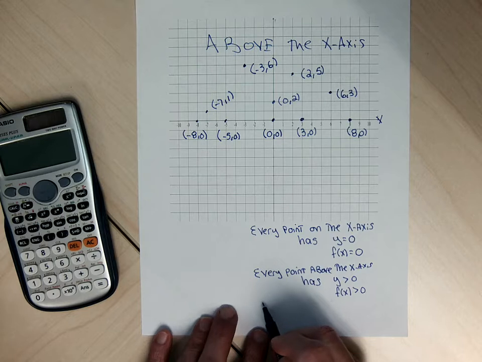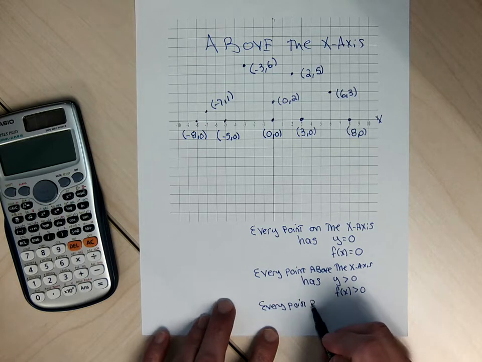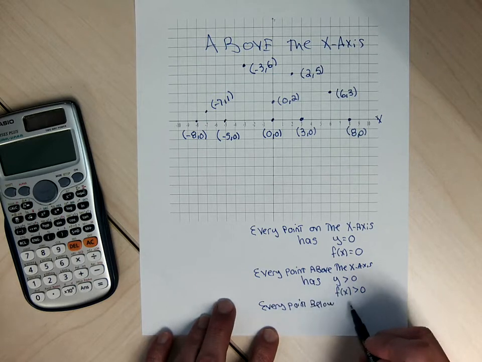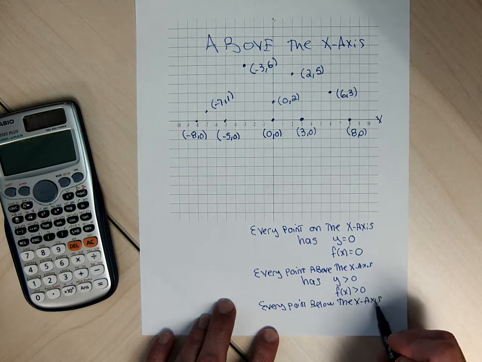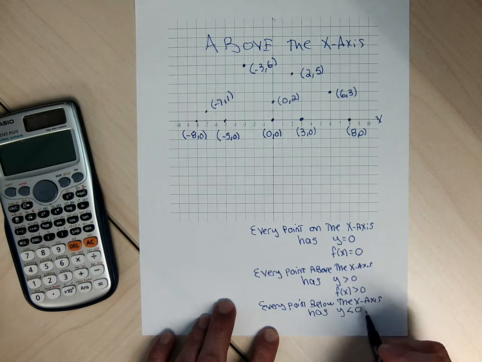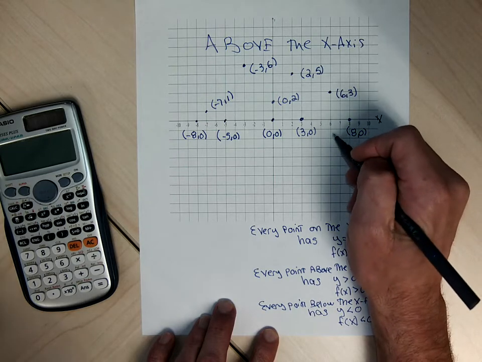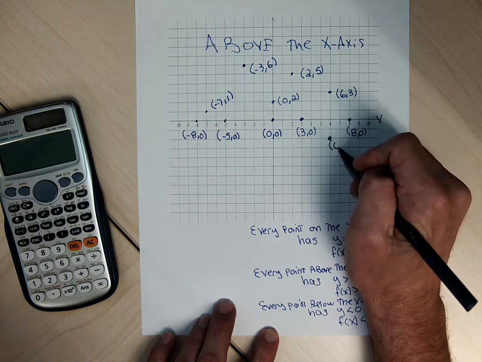And lastly, every point below the x-axis has y's that are less than 0, or f of x is less than 0. For instance, here's the point (6, -2).